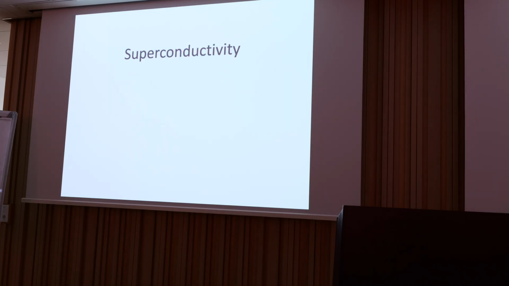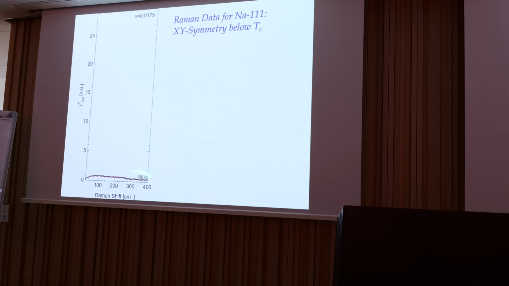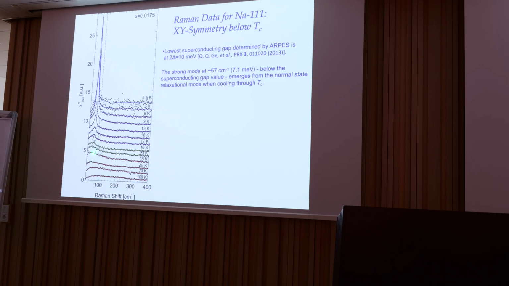But now let's talk about superconductivity. What happens if this nematic state enters the superconducting state? There are several possibilities. When we enter the superconducting state, this is the energy of the gap. Let's see what happens with that.